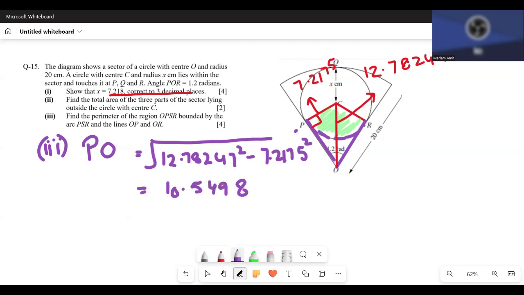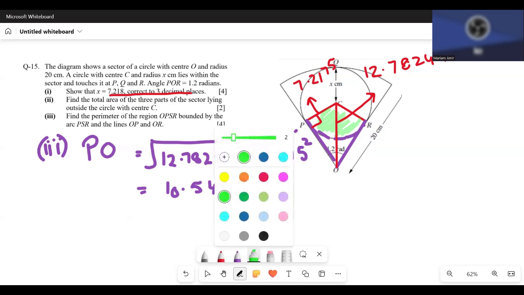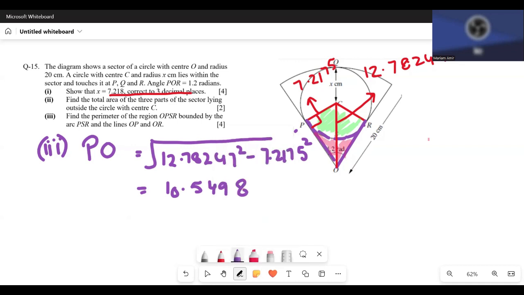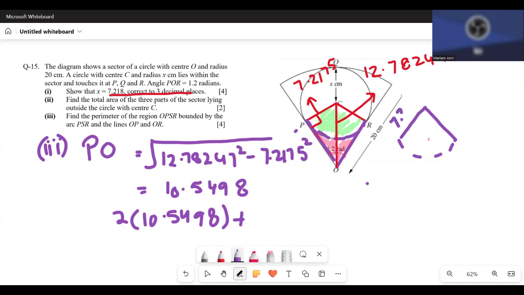Okay, so the perimeter of this region is going to be 2 times 10.5498 plus this length of arc, which has a radius of 7.2175, and a theta of, okay, we'll have to figure out that theta.